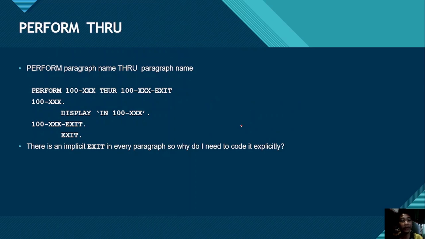So perform paragraph name through paragraph name. So perform 100-XXX through 100-XXX-EXIT. Meaning here is that if you want to perform, you can specify a function that will exit directly.